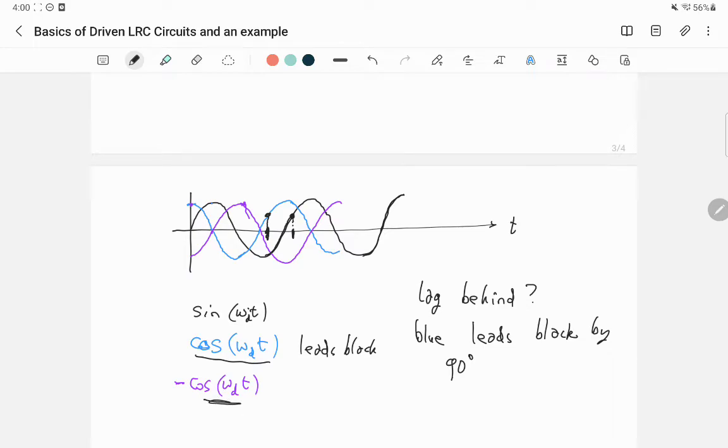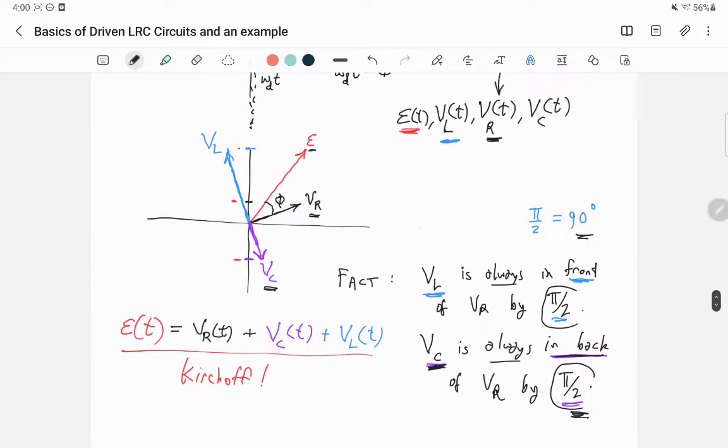And the purple line, which is drawn in front of the black line by 90 degrees, lags behind black. It's in terms of time: does stuff happen to one function before or after it happens to the other function? Up here, because the rotation sense is counterclockwise, you can definitely see that V sub L, the blue phasor, is always in front of V sub R by 90 degrees. That's a right angle.